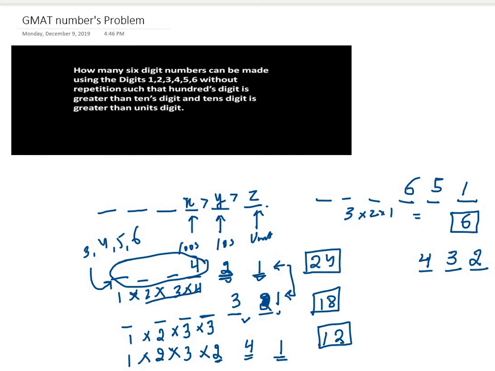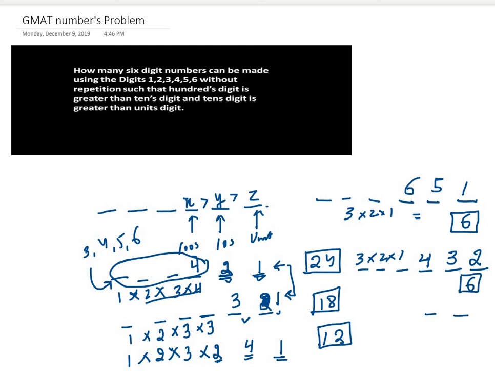Right, this is one possibility, and the remaining 3 numbers can be any of 1, 5 or 6. So again 3 into 2 into 1, so again 6 possibilities are there.